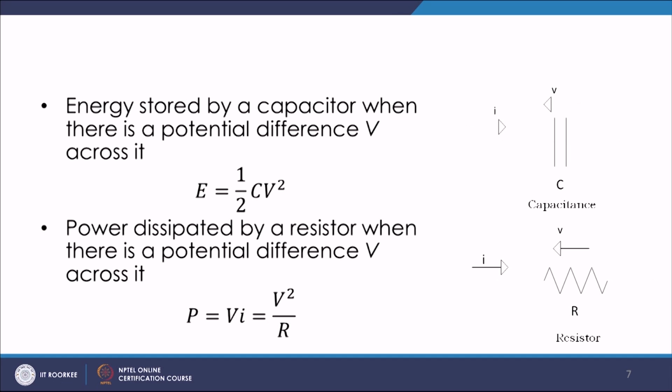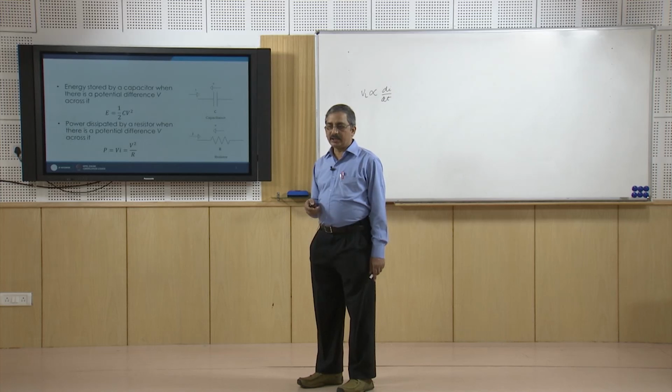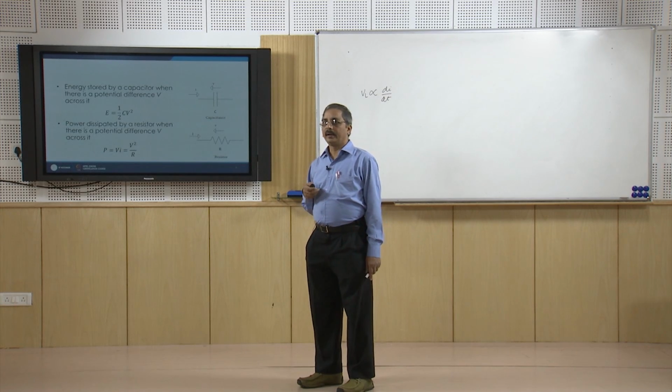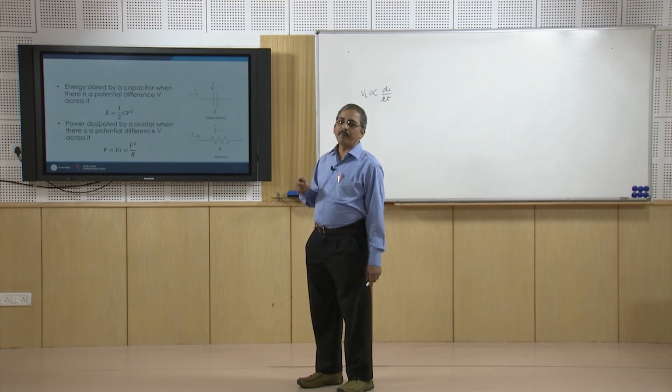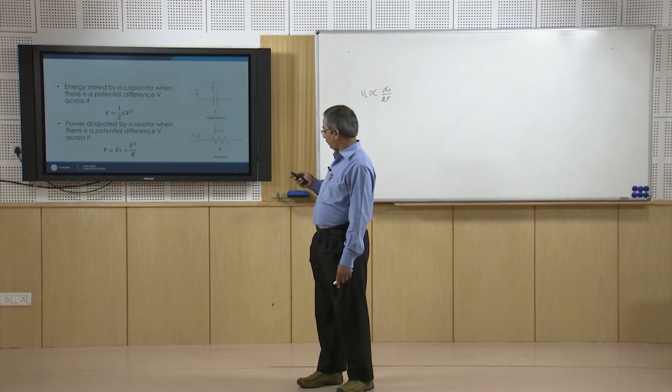The power dissipated by a resistor, when there is a potential difference V across its two ends, is given by VI, or I can write in terms of voltage and resistance as V square by R. So, this is how we define the energy stored in the inductor and capacitor and the power dissipated by the resistor.